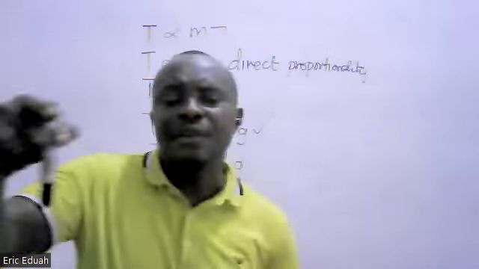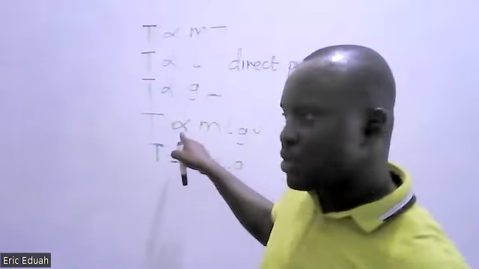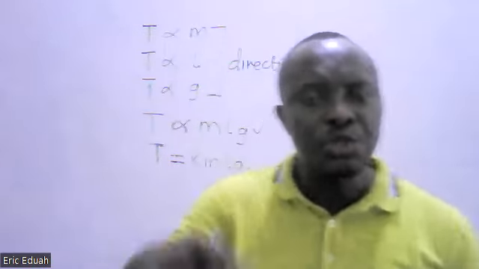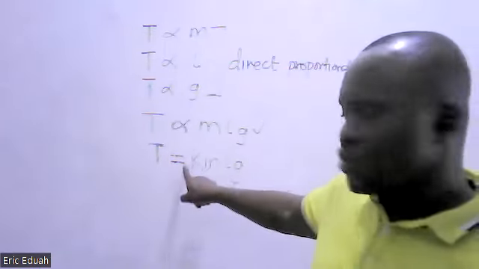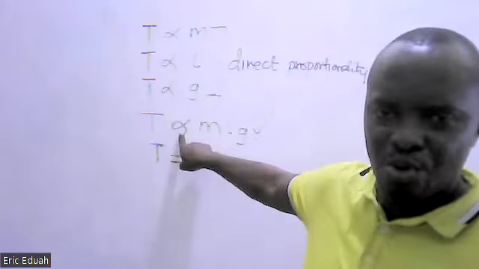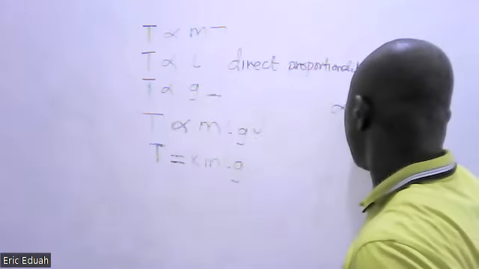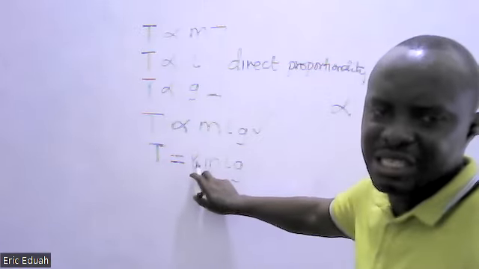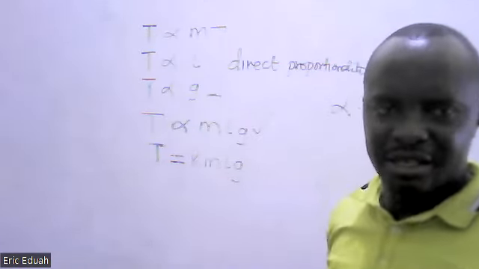Now, in variation, under this concept, whenever you introduce an equal to sign in place of this symbol, there should be a constant of proportionality.